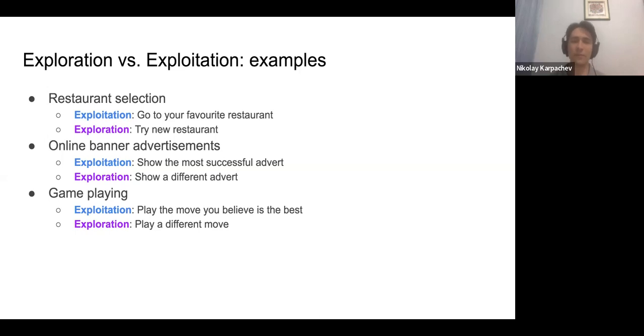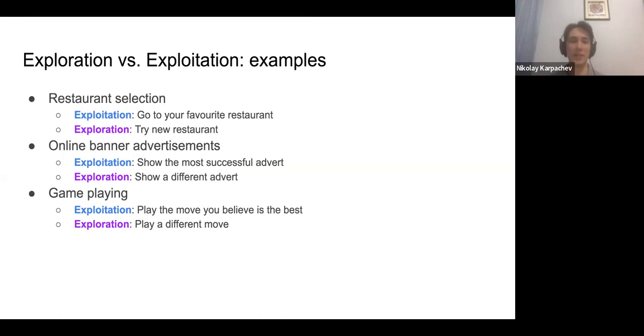There are several options. We can show the most successful banner that other users like, which is probably the safe choice. The alternative is to show a different advertisement and hope that it will be suitable for this particular user. There are a bunch of other aspects in this case, like the cold start problem, but we won't go down this rabbit hole.